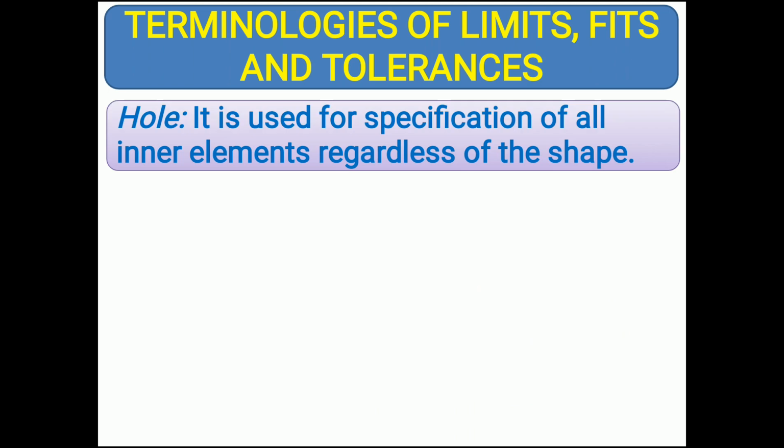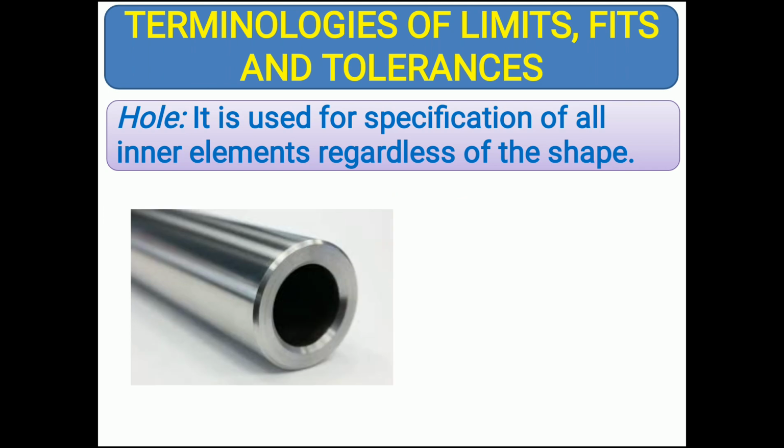And next is hole. It is the term used for specification of all inner elements regardless of the shape. Whatever the inner elements, they will be termed as the hole. Here you can see this is a circular hole and this is a rectangular one.